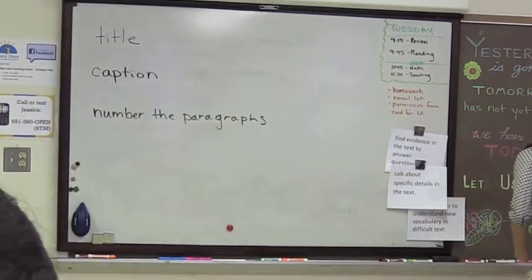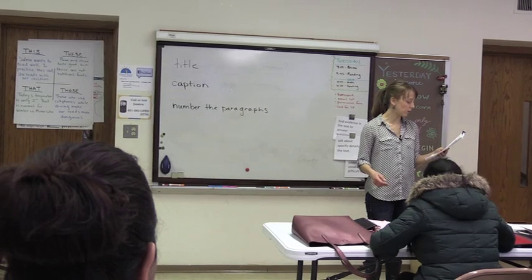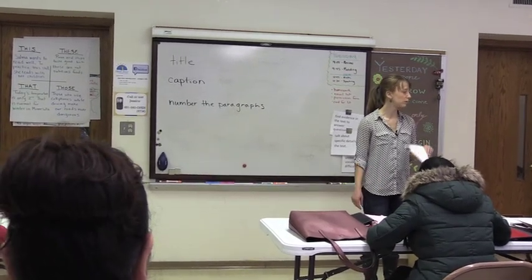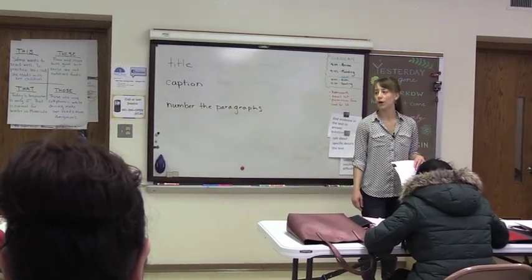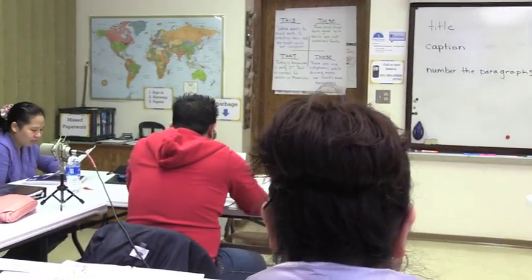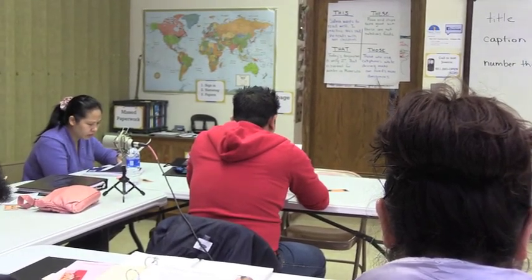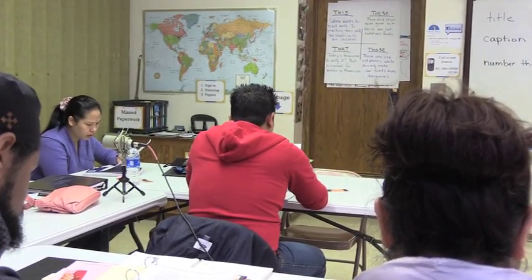All right, let's look at that caption. Could I have somebody read the caption out loud, starting with thousands? Oh, come on, be brave. All right, thank you, Nai. Can you read just the second sentence where it says thousands? Thousands of women marched in New York City for the right to vote. Good.